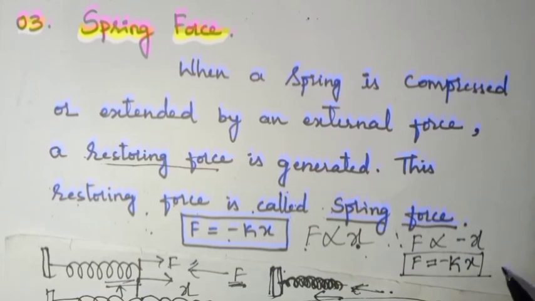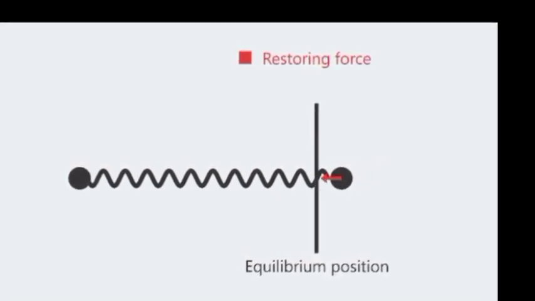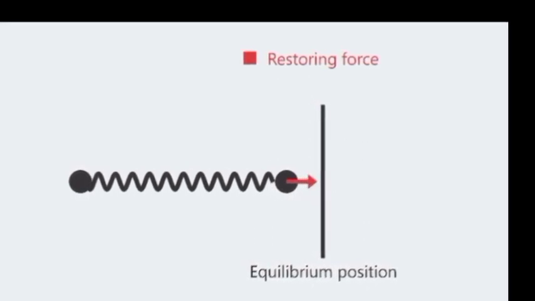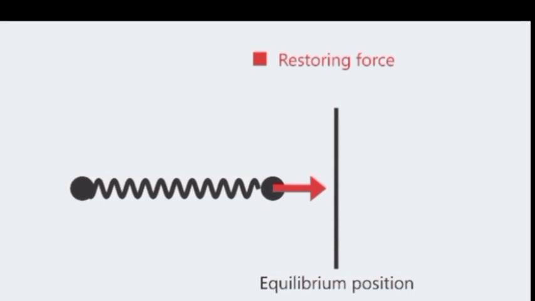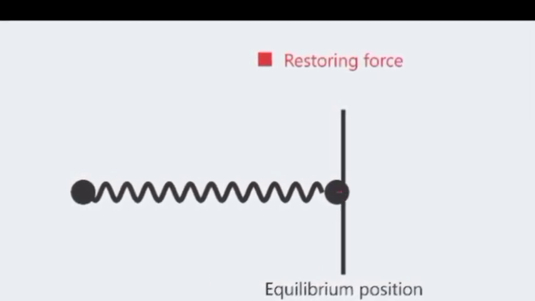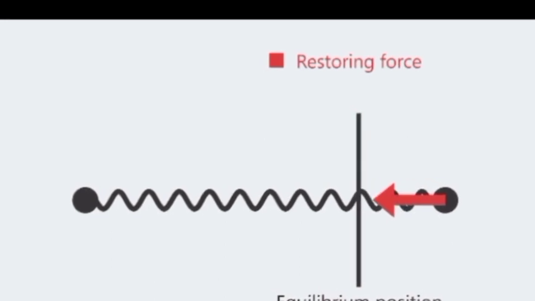Again, to make you understand clearly, I will show you an animation so that you will get a clear idea. So in this diagram you can observe clearly. Let's see the red point. Now what we will do, we will extend the spring by application of force. So what happened? It is rarefied, means the distance is increased.